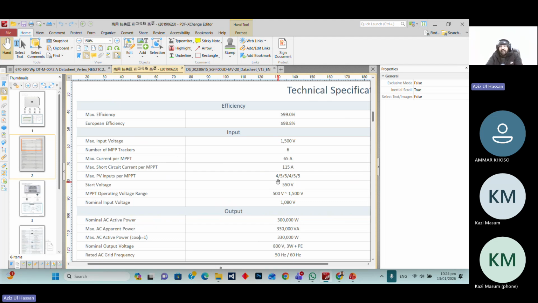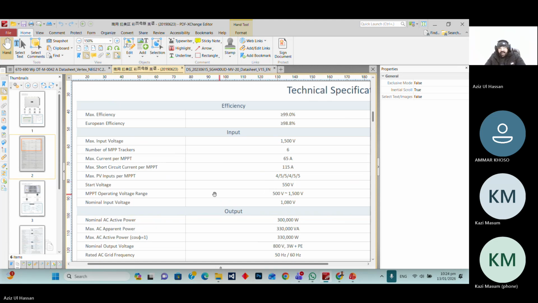If you have a 20 ampere maximum current of the inverter, then 20 multiplied by 3 means you connect 3 strings at the MPPT. For large power PV modules, we connect 3 strings or 2 strings. But in case of small PV module wattage, like 500, 400, you connect 4 strings, 5 strings as per the MPPT ranging.